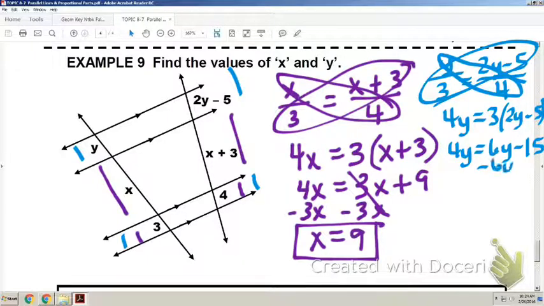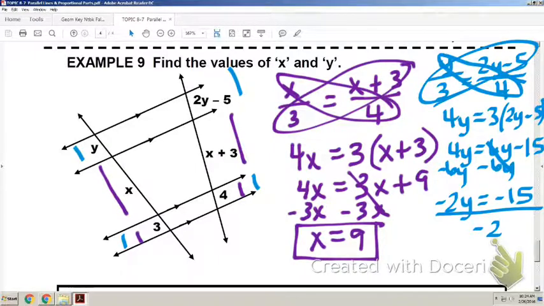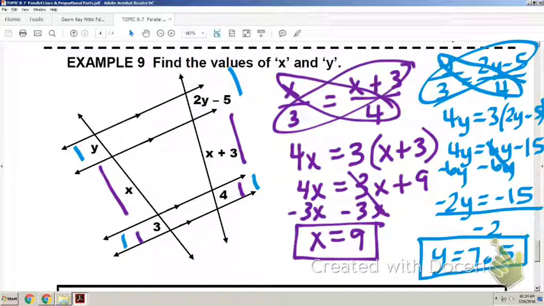I'm going to subtract 6y from both sides. So I get a negative 2y equals a negative 15. Divide both sides by negative 2, and y will be positive 7.5. So I had to use 2 proportions because we were looking for 2 different values. But notice I'd still use the 3 and the 4 for both proportions, and that's fine.